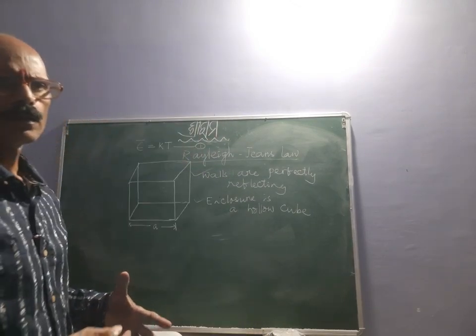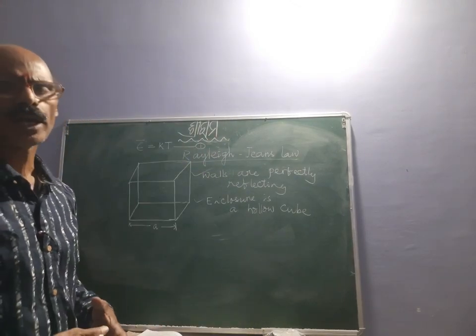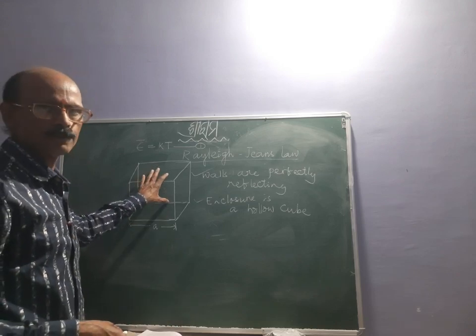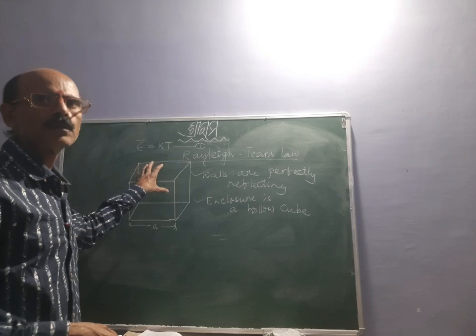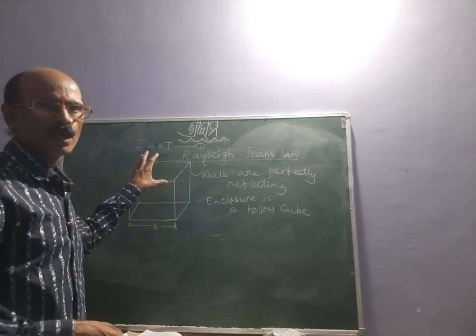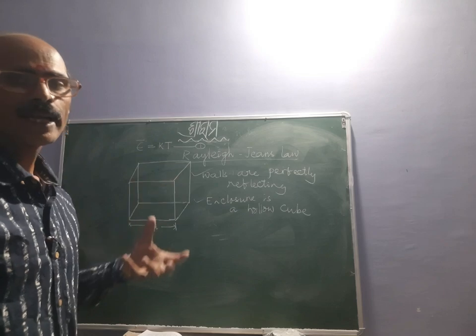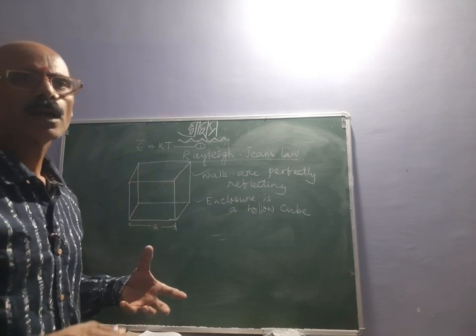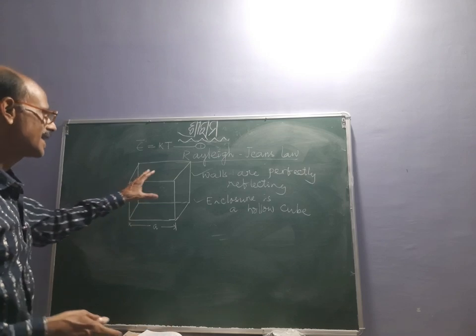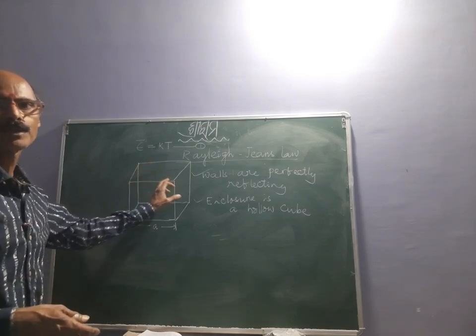The radiant energy enclosed in the hollow cubic box, the electromagnetic waves, travel in all possible directions and get reflected from the walls of the enclosure.